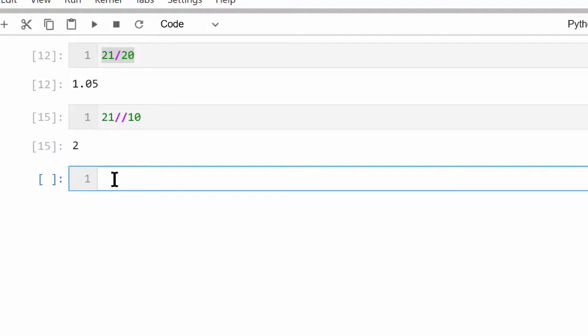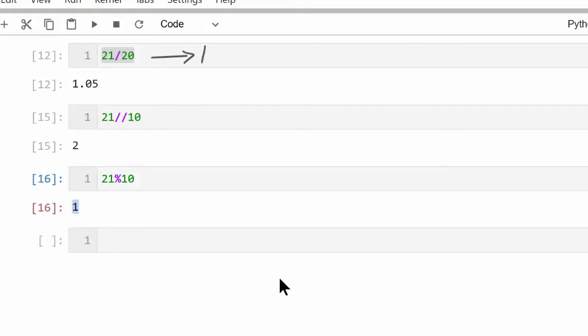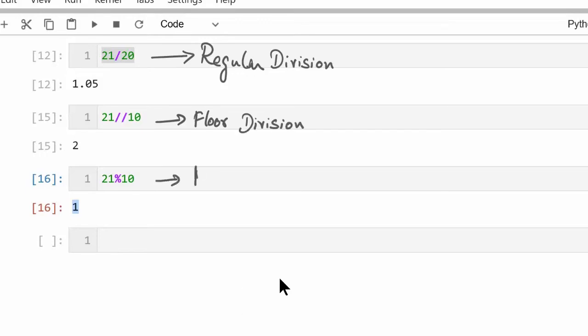This is floor division. And what about modulo division, which gives you the remainder? 21 percent 10. What should this give you? This should give you 1. Once again, this is regular division. This is floor division. This is modulo division. So this gives you the quotient. This gives you the remainder.